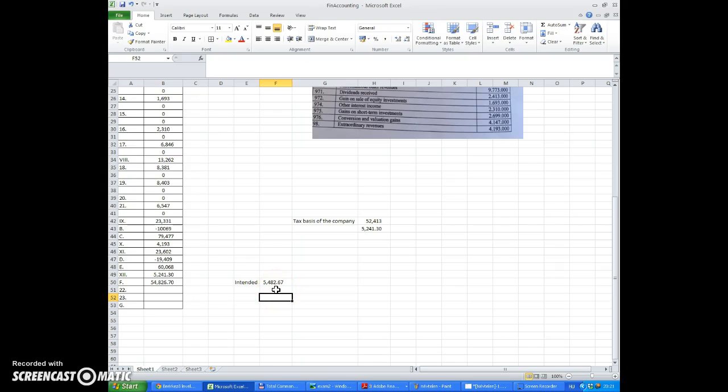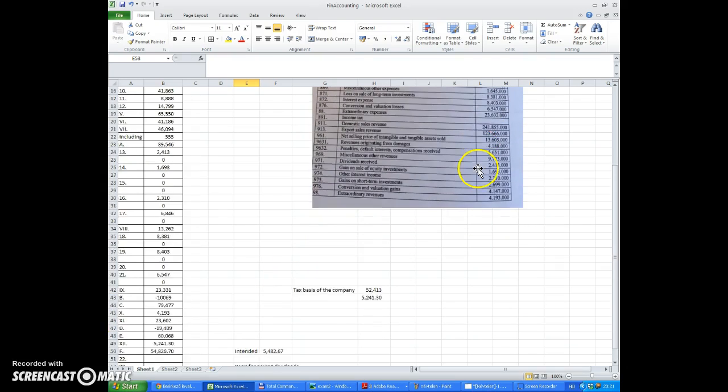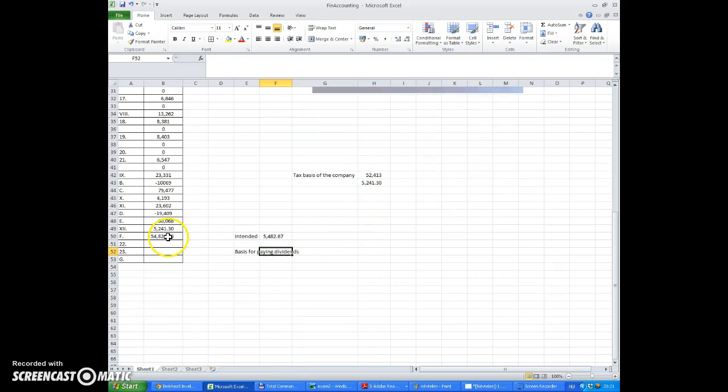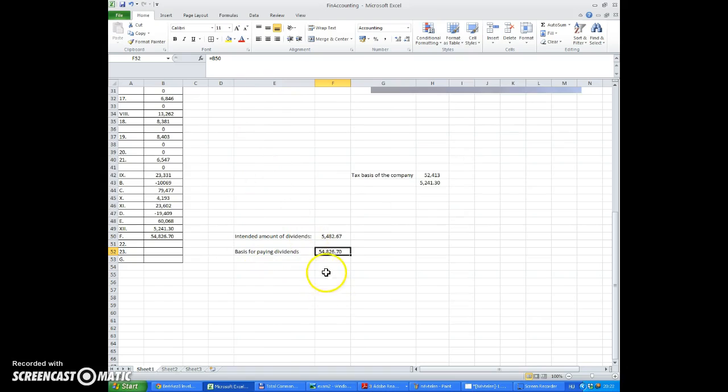But because the retained earnings had a negative account, a debit account, we can only use the current year's profit after tax. And there is some limitation for dividends.